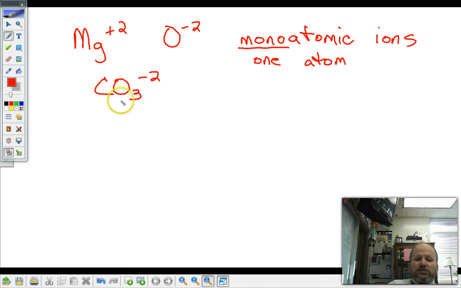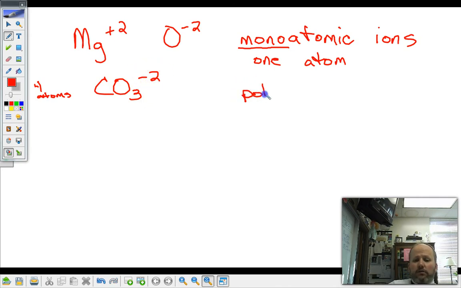Actually, this has 4 atoms in it, because there's 1 carbon, but we never ever write the number 1, so that 1 disappears. 1 carbon, 3 oxygens. This has 4 atoms in it. But those 4 atoms, when they come together, end up with a negative 2 charge.